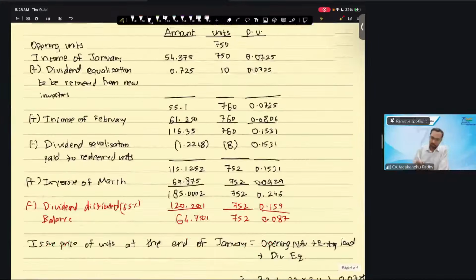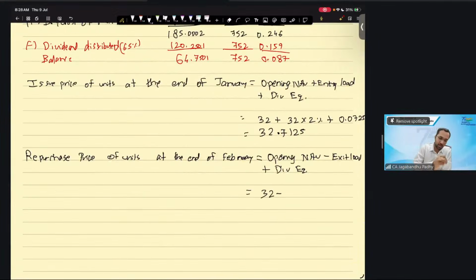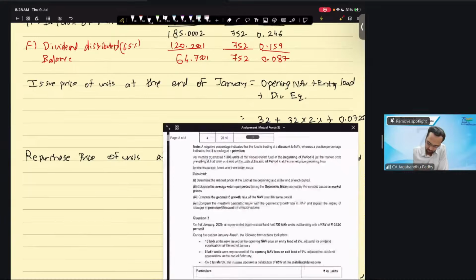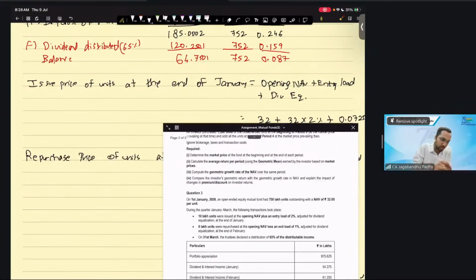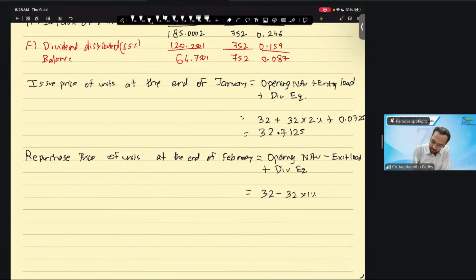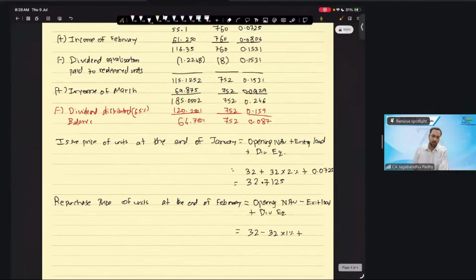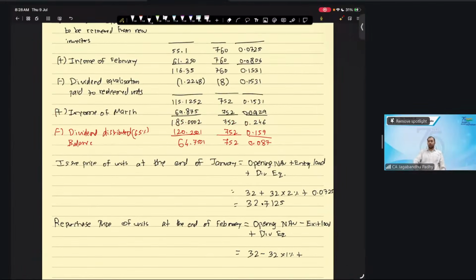Okay, so opening NAV is what? 32 minus what's the exit load percentage? Exit load is 1%. So that's minus 32 into 1% plus the dividend equalization. What will be the amount of dividend equalization in February?